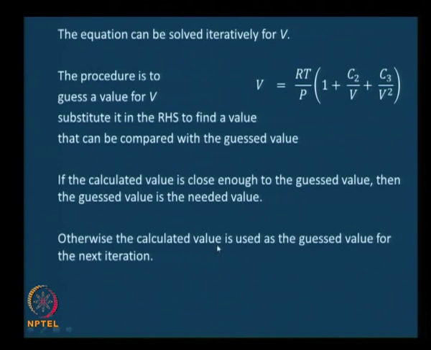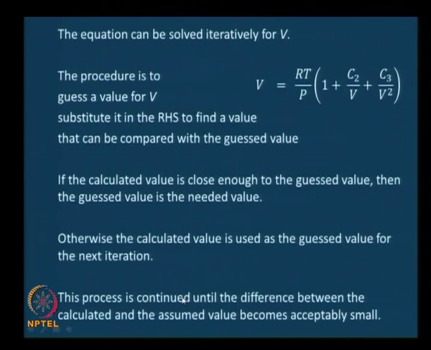Otherwise, the calculated value is used as the guessed value for the next generation. Whatever you calculated here, you put it here and then substitute it back to get another calculated value, and then you check how close this is to the guessed value or the value in the previous step. The process is continued till the difference between the calculated and the assumed value becomes acceptably small.